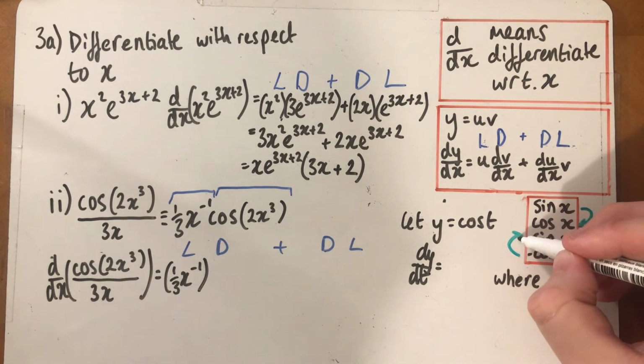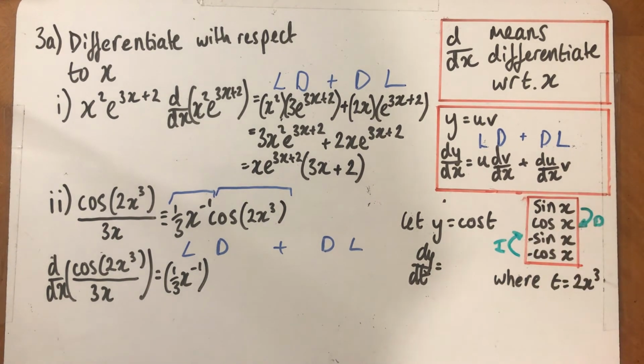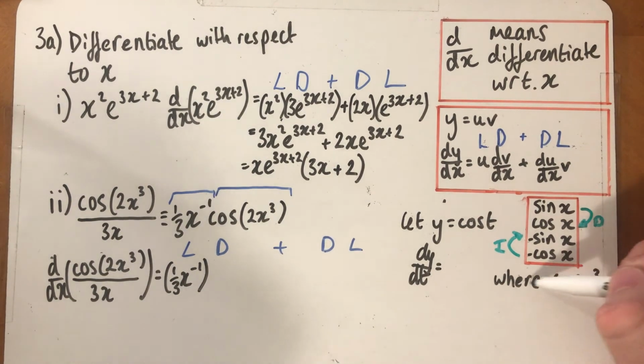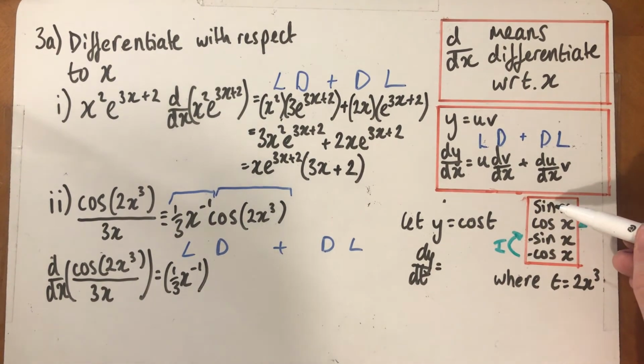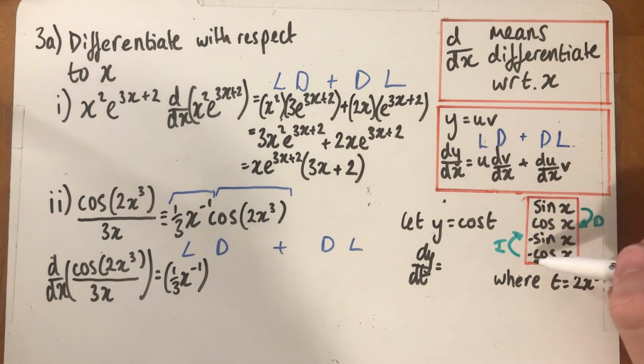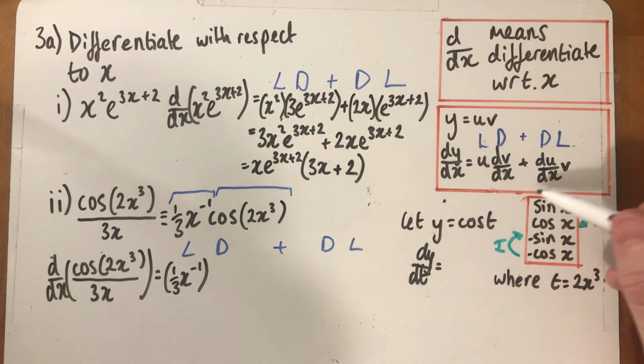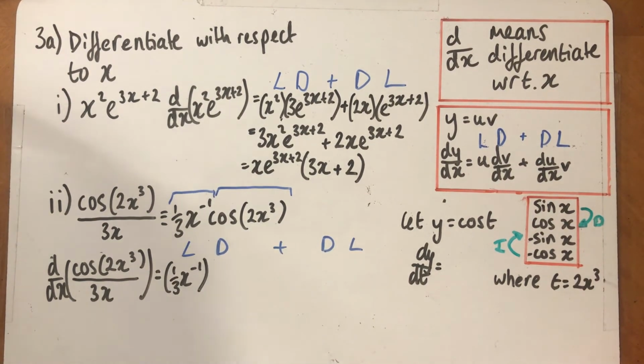And when you move up the list, you're integrating. Okay? Sine x differentiates to cos x, which differentiates to minus sine x, which differentiates to minus cos x, which differentiates to sine x. It goes back to the top once you get to the bottom. And the same applies for integration, except we're just moving upwards. Okay, so it's a nice way to remember derivatives and integrals of sine and cos. Nice little quick way to remember it.